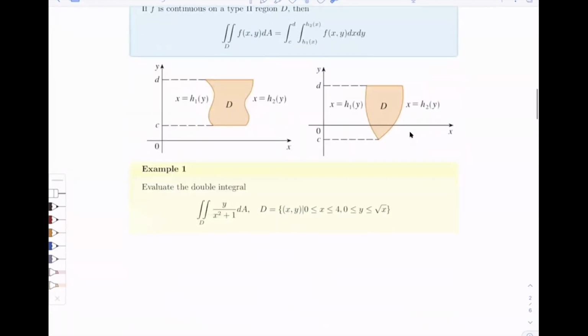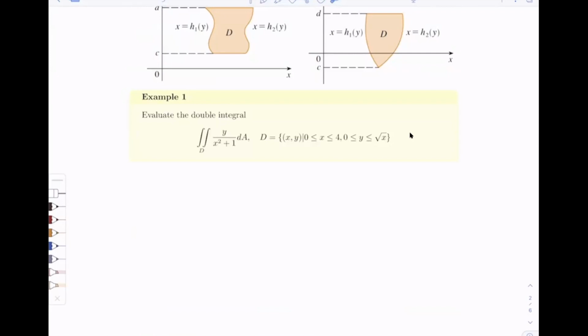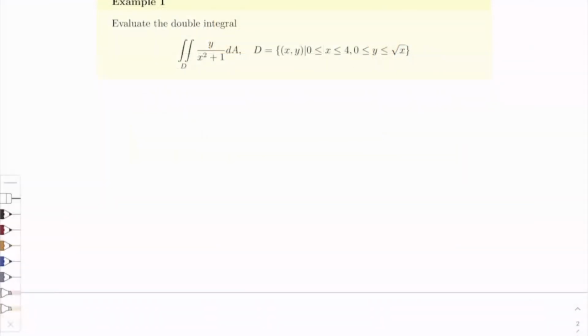So here is an example. I want you to evaluate the double integral. After you finish the question, let me know your favorite movie, to show that you finished the question and I can take it up.